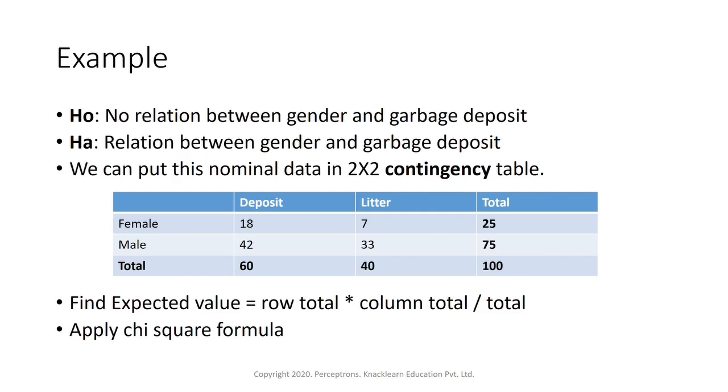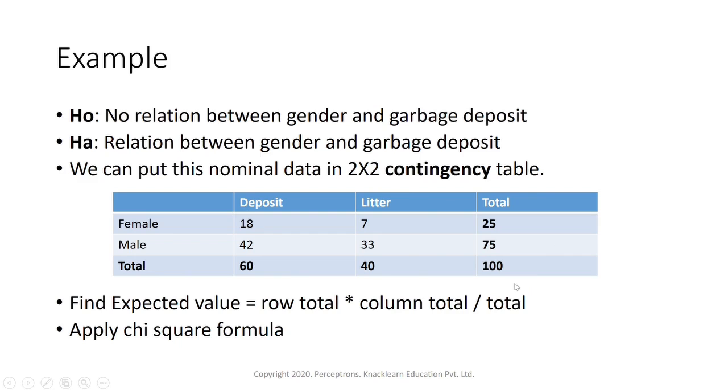When we put it in the contingency table, we can get the count of each column as well as row. The total for female is 25 and male is 75, similarly the total for deposit is 60 and litter is 40, and the total number of records is 100.